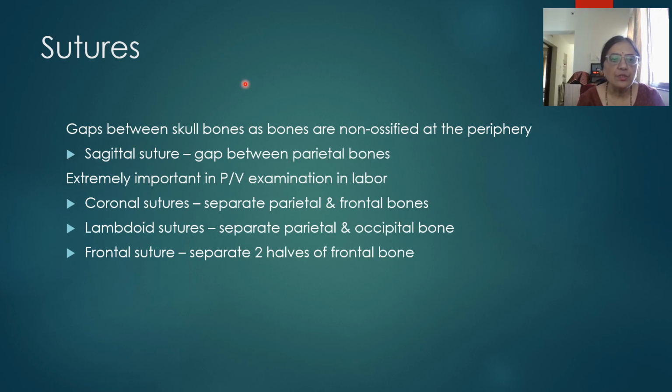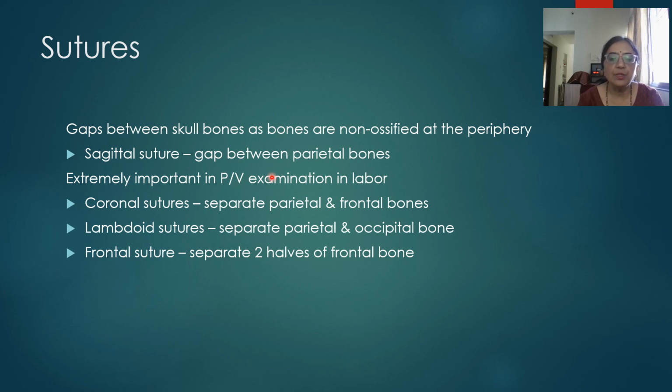Now coming to the sutures, sutures are the gaps between skull bones, as skull bones are non-ossified at the periphery. Sagittal suture is the gap between parietal bones. It is extremely important when we do per vaginal examination in labor. Most of the time what we are palpating is the sagittal suture, which helps us to determine the attitude of fetal head, whether it is flexed or extended.